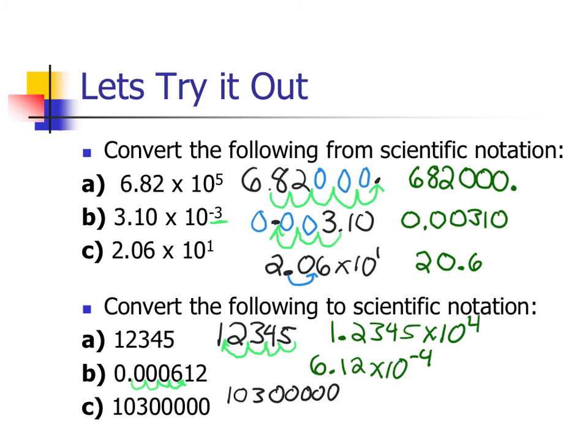I move my imaginary decimal 1, 2, 3, 4, 5, 6, or do I go 7? Doesn't matter. Not really. Okay.